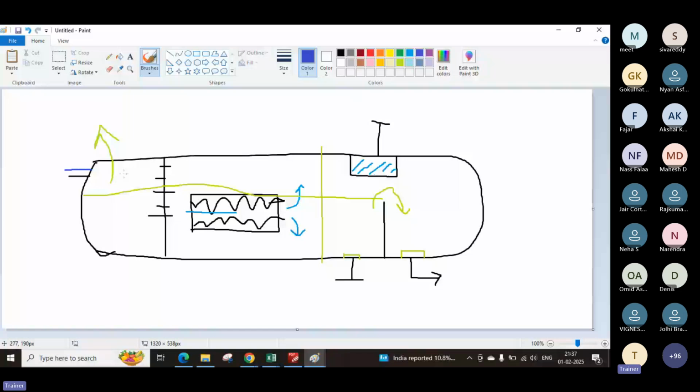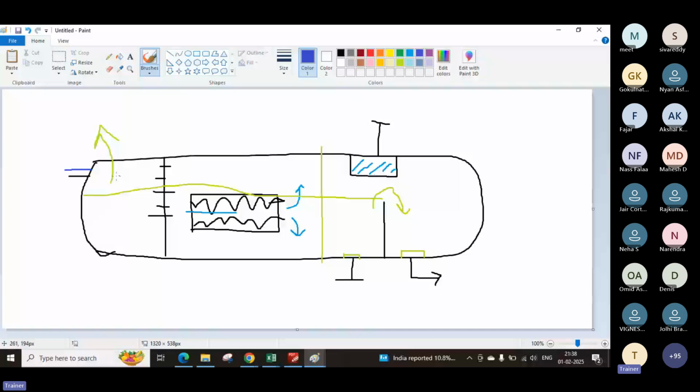Because of the change in diameter or change in the area, Bernoulli's equation tries to match the energy. So here the pressure energy you have has been converted into the velocity head, and that's how this will try to flow in this region.